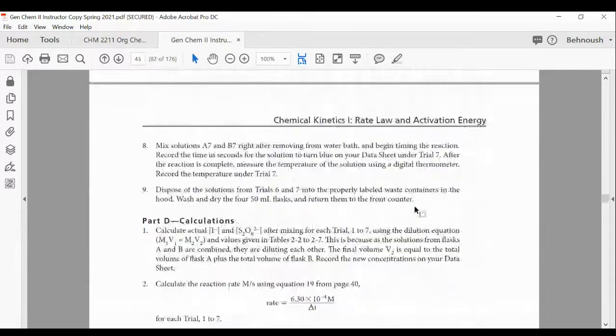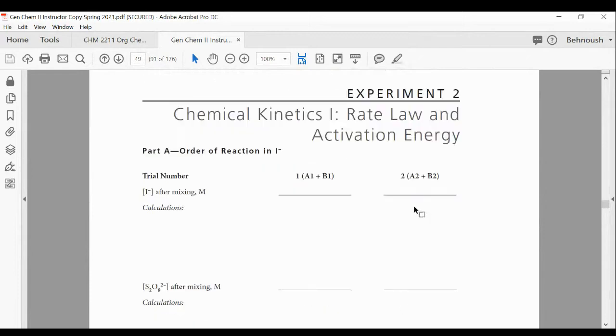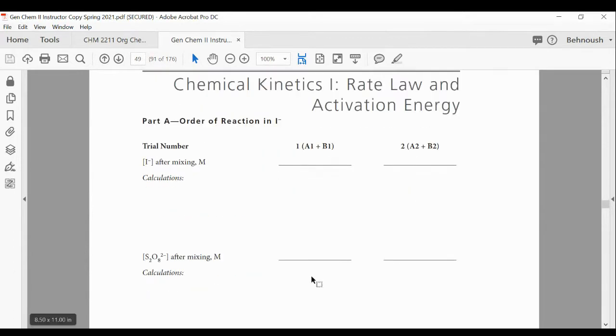So I'm going to go over the data sheet, just to make sure that you all know how to do the calculation. Even though this is covered in lecture, in the lab you are actually collecting data and performing calculations based on the data that you collected.